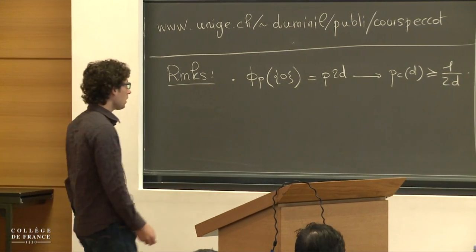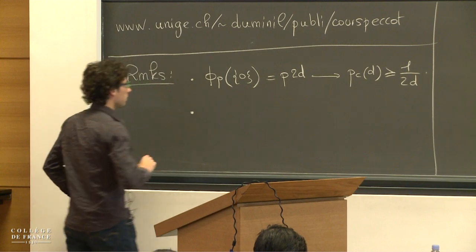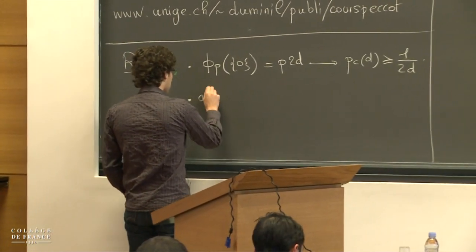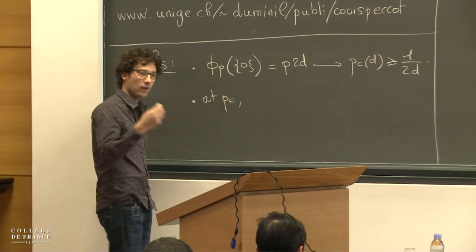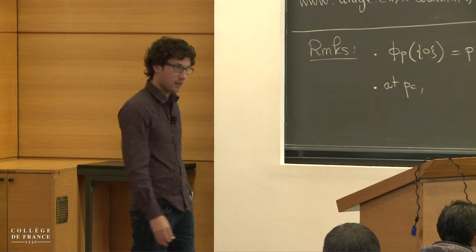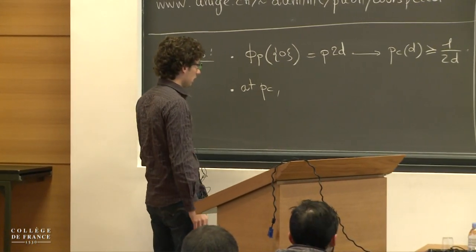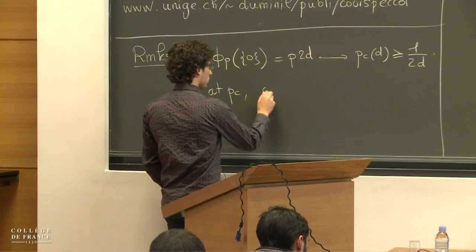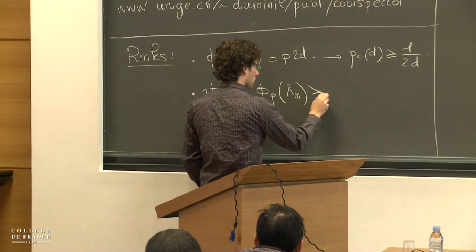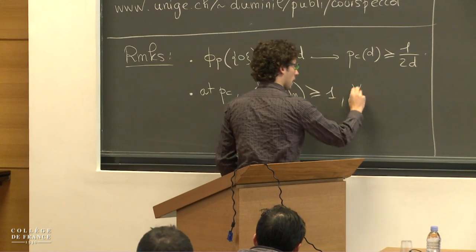OK? The second comment is a little bit more interesting. So at pc, we have that phi p of S is always larger or equal to 1. That's a property. So in particular, phi pc of Lambda n is larger or equal to 1 for every n.